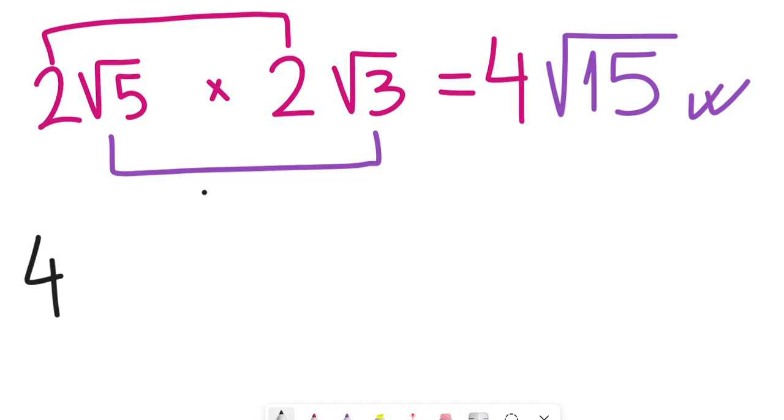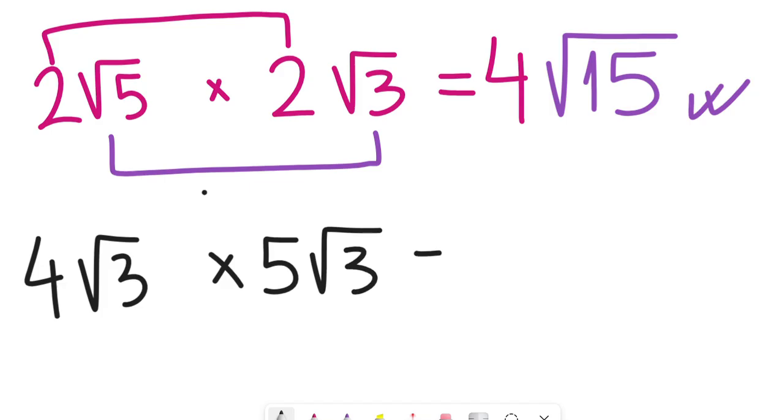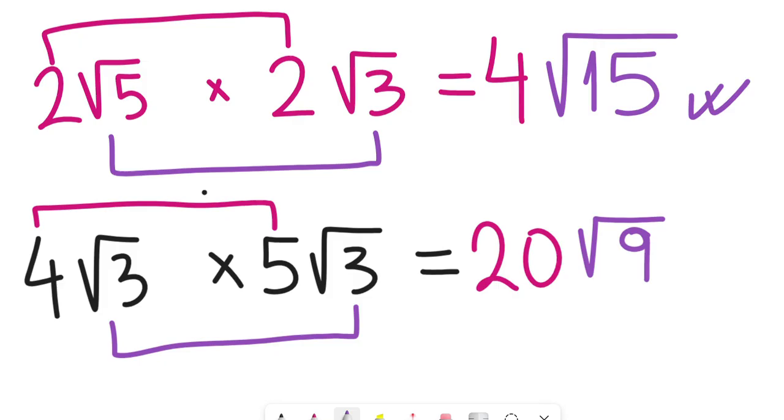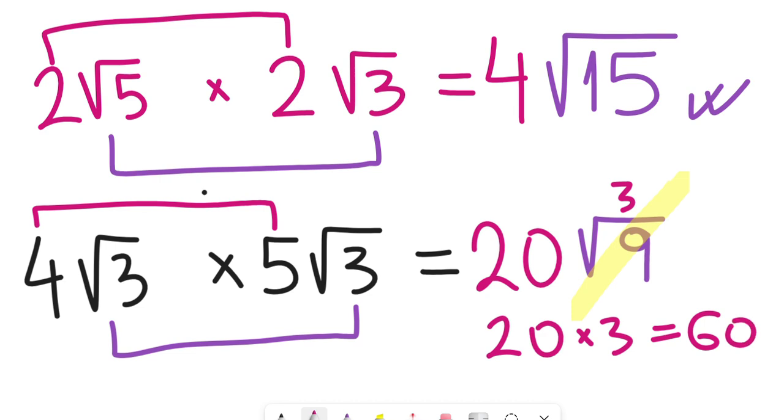So if you have, for example, 4 radical 3 multiplied by 5 radical 3, again, number by number, 4 times 5 is 20. But then radical 3 multiplied by radical 3 is radical 9. Oh, but we can simplify this. You know that radical 9 is equal to 3. So you can say 20 times 3, which is equal to 60.